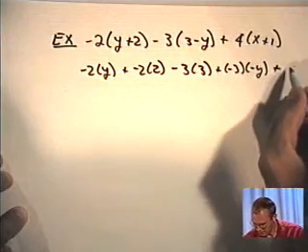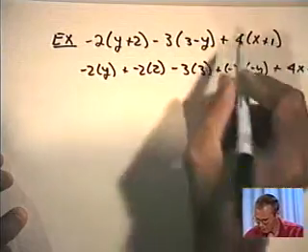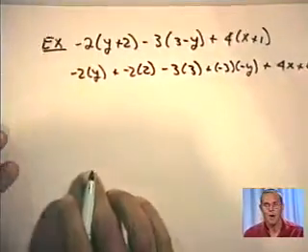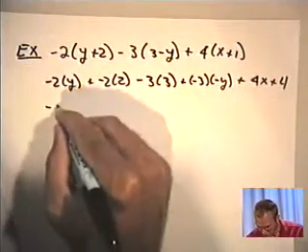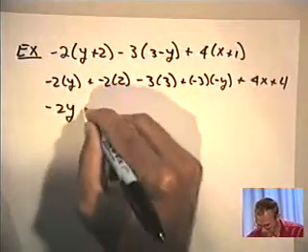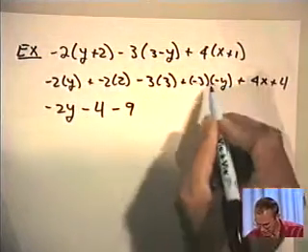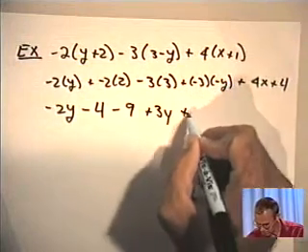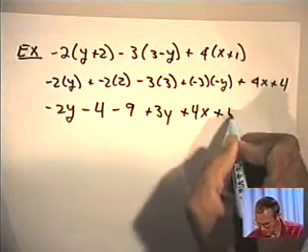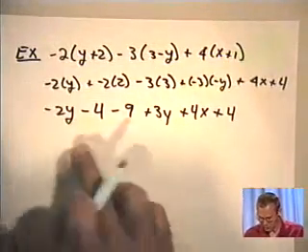And so on. And I'll distribute the 4. 4 times 1 is 4. Now I will start to simplify. Negative 2y, this would be minus 4, minus 9. Negative times negative, that's a plus.